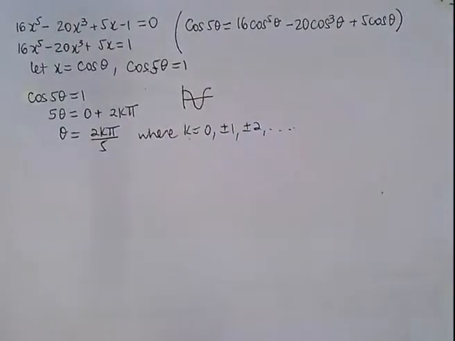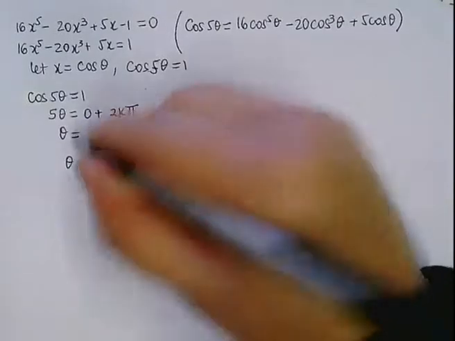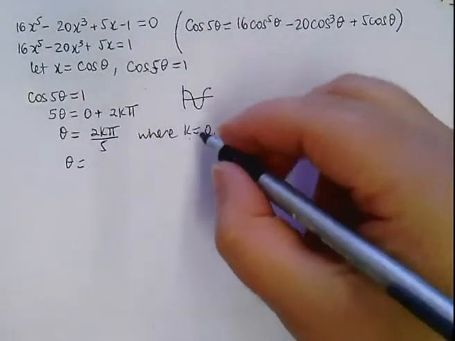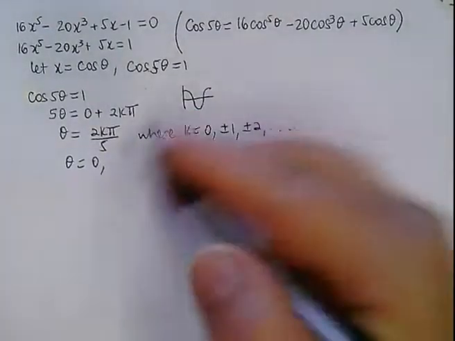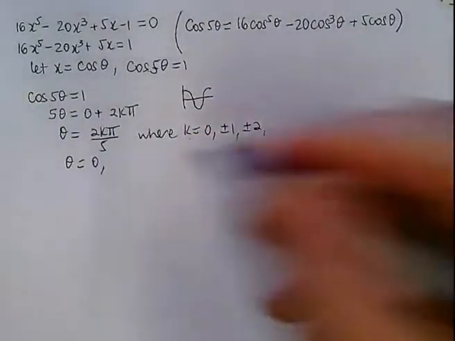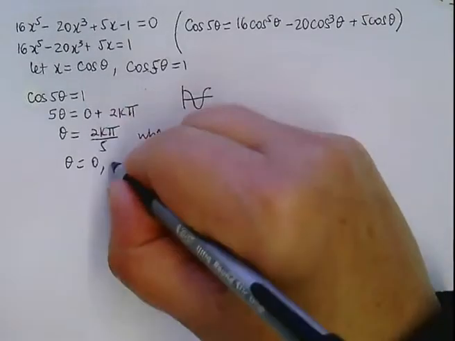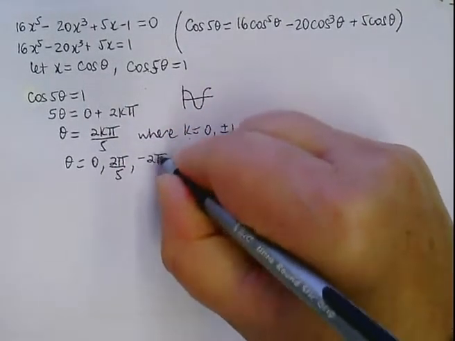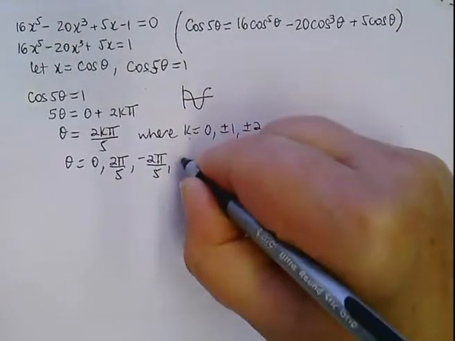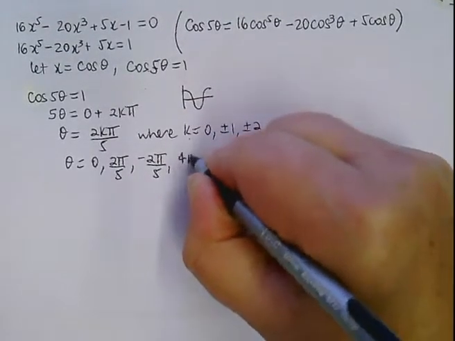Now we do need 5 solutions here. If we let k equal 0, theta is 0, which we know because cos of 0 is 1. If k is positive 1, we've got 2 pi on 5. If k is negative 1, we've got negative 2 pi on 5. When k is 2, we've got 4 pi on 5.